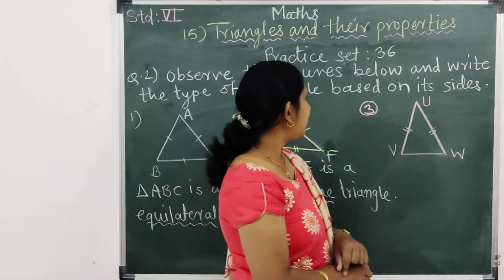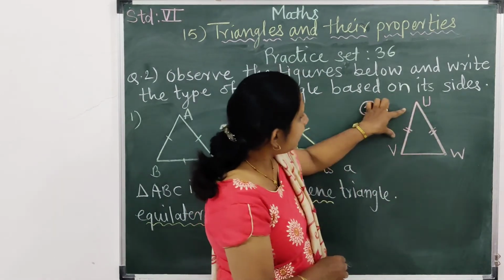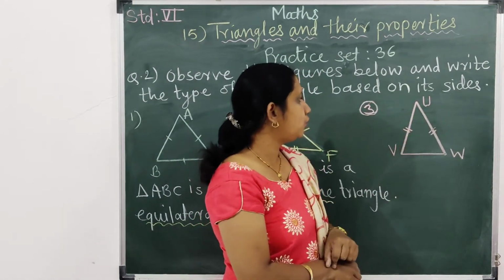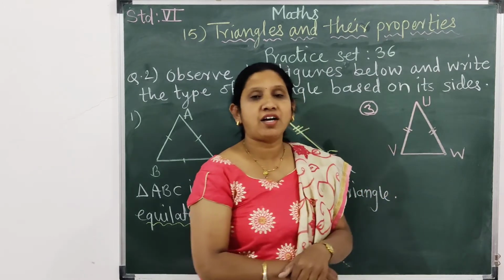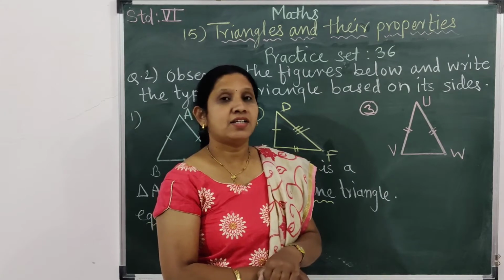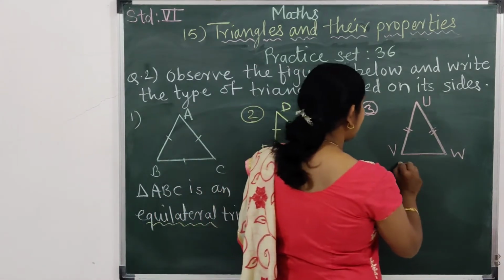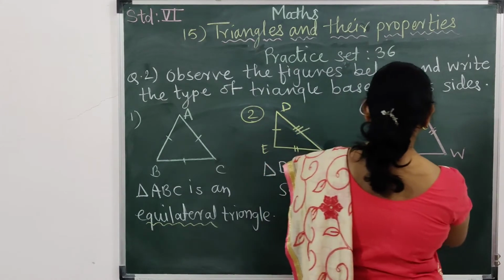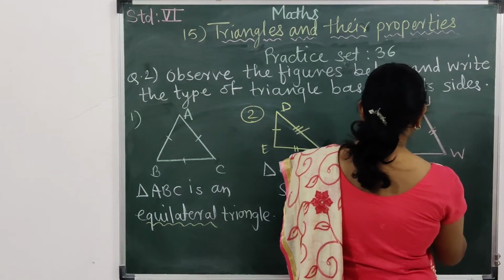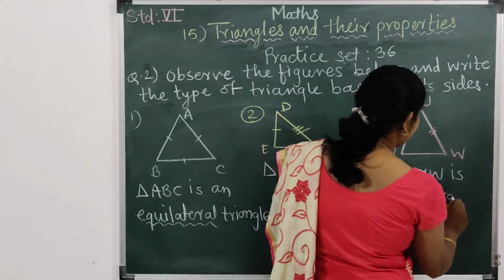Now, in figure number 3, in the triangle UVW, segment UV and segment UW, these two sides are shown equal or having same size. So, that is an isosceles triangle. So, let's write triangle UVW is an isosceles triangle.